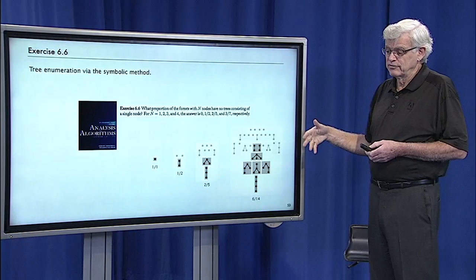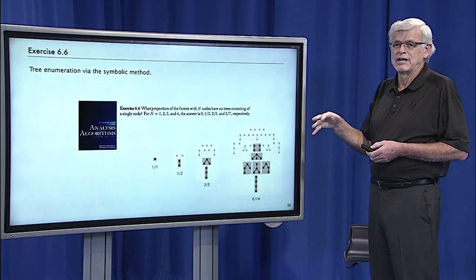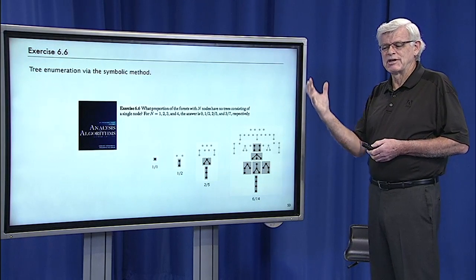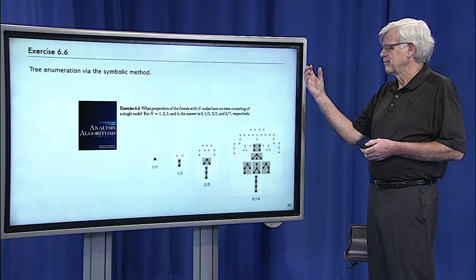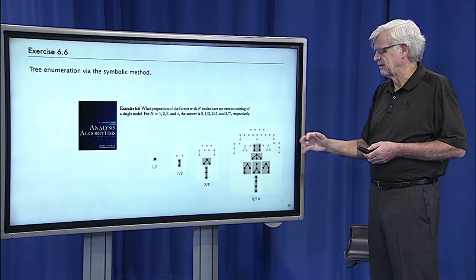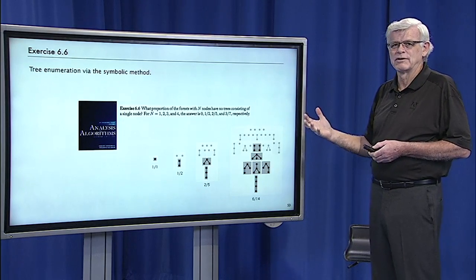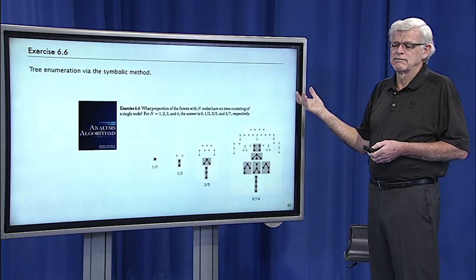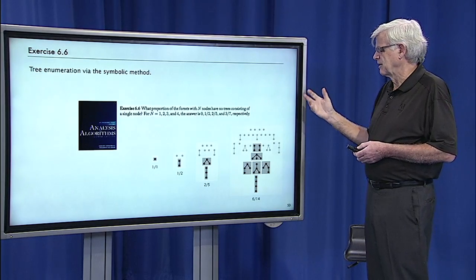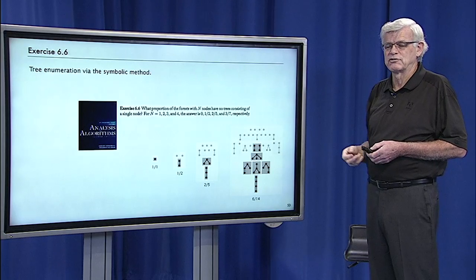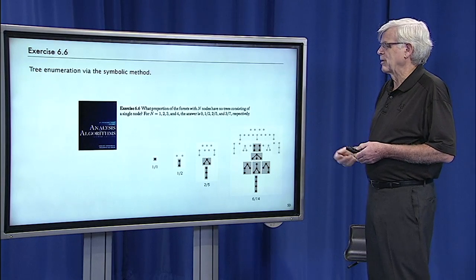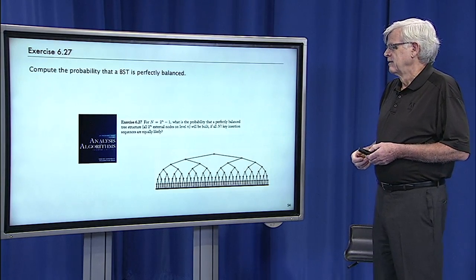And again, the beauty of the symbolic method is you can take the basic derivation and modify it, and still the basic structure of it follows through to give you a generating function equation that you can find asymptotics for or explicit forms. And this is just practice in doing that.